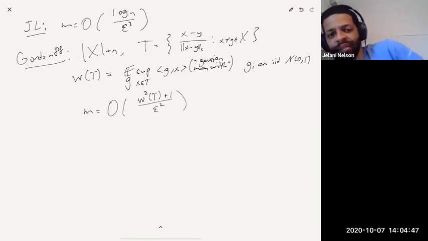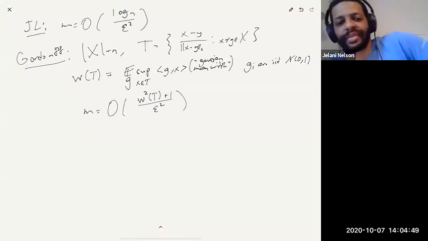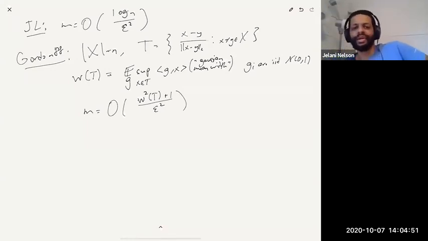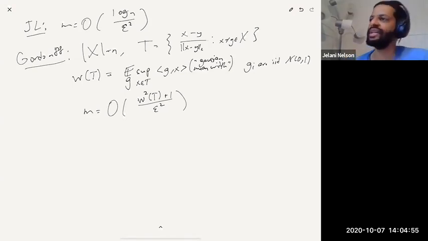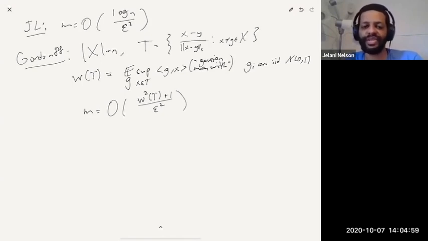So this is some notion of easiness for JL, in the sense that if your point sets are nice, then you can do better than JL. You can prove that W squared of T is never bigger than O of log n. So this is never worse than the JL bound, but sometimes it's better.